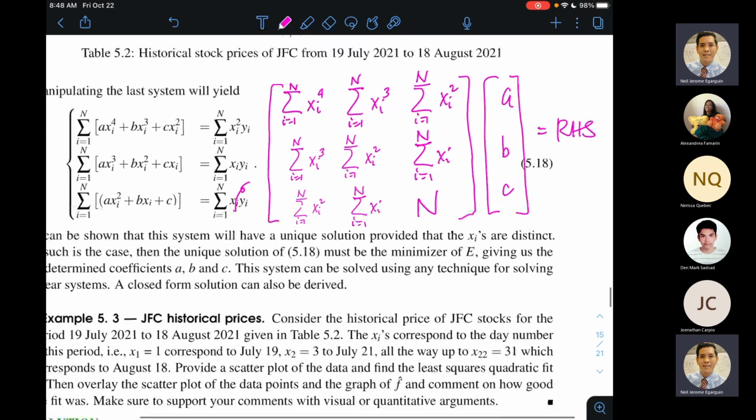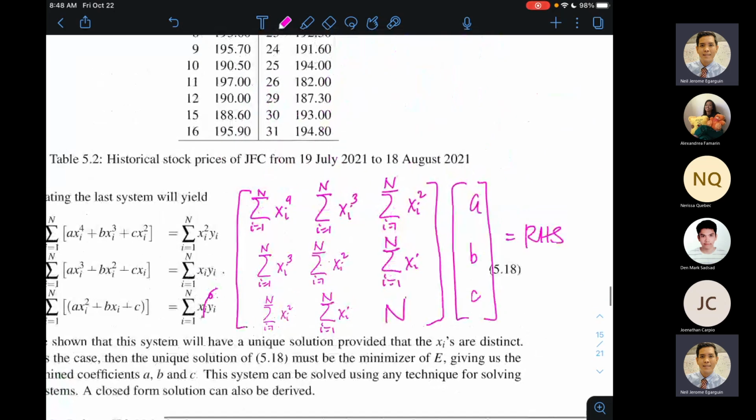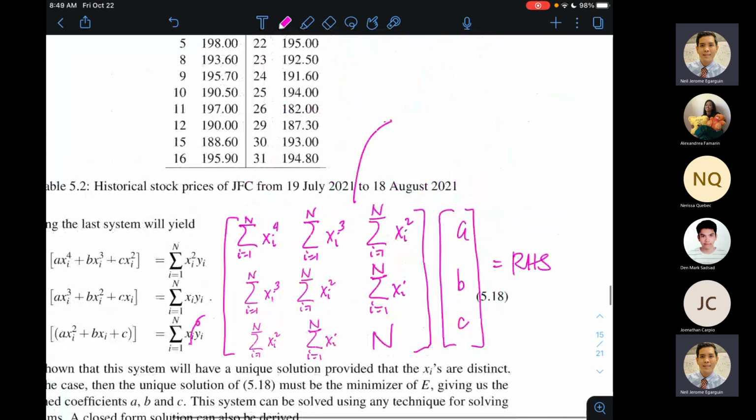So if you will be doing it in MATLAB, so you are actually solving some sort of an AX equals B. So you can ask your software to compute A inverse times B, and that will give you the values of the unknown parameters A, B, and C. Okay, but this will work if you are sure that A is invertible.